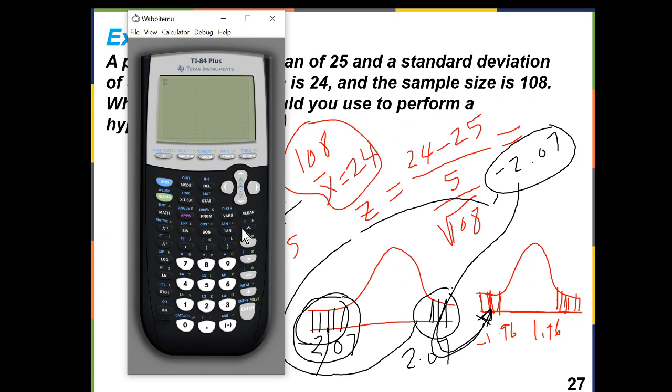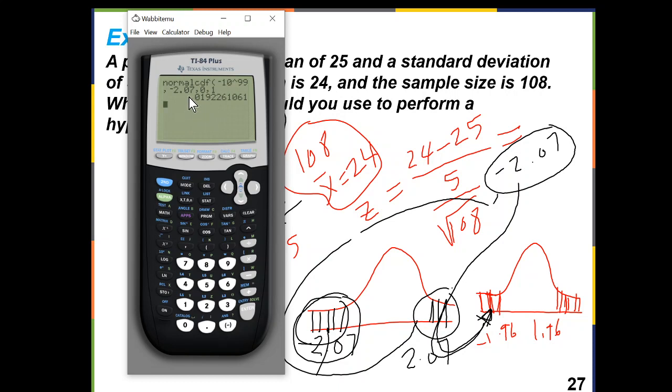Well, that would be normal CDF from negative infinity to negative 2.07, with 0 and 1 there, which is about 0.02.